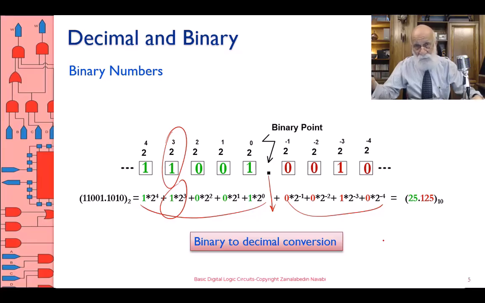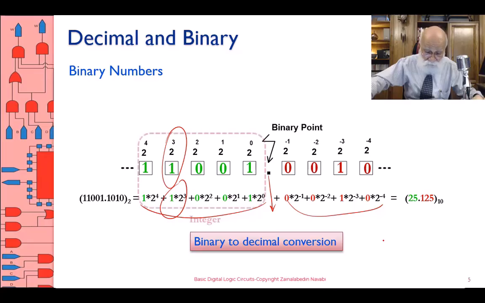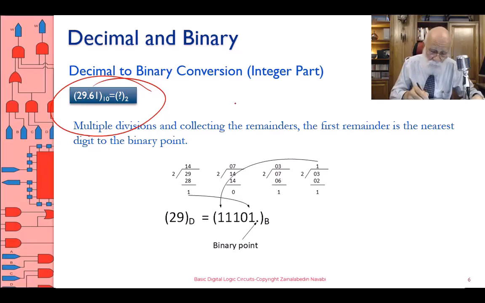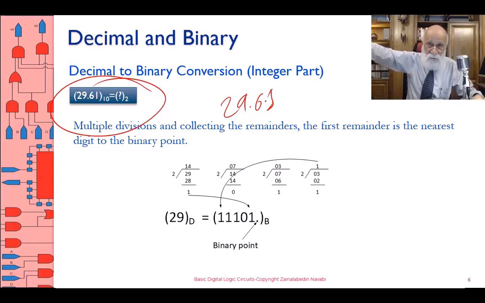You take a decimal number, and for the integer part, you keep dividing by 2. Let's say that we have 29.61, and I want to convert it to binary. I put aside 61.